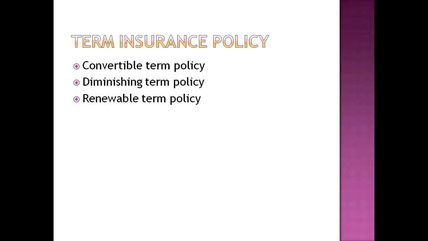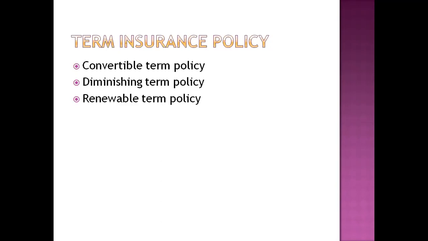Then we have types of insurance policies: the term insurance policy. Term insurance means a very short period policy. This policy provides life insurance protection for a limited period of time, say 3, 7 or 10 years.